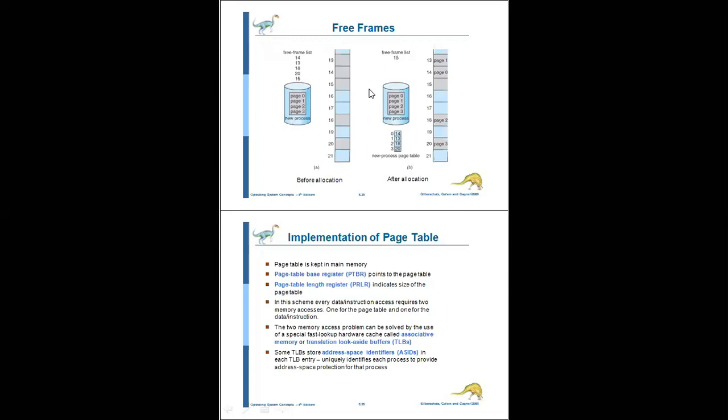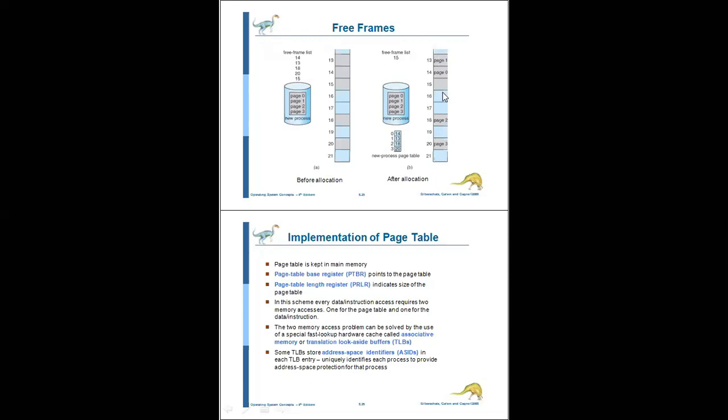So for page 0, the frame number is 14. For page 1, the frame value is 13. Next, page 2 is 18, and page 3 is 20.